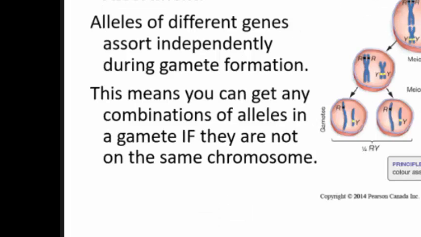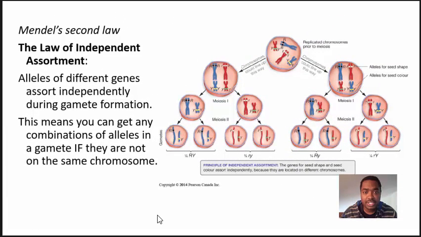Now, Mendel's second law of inheritance is what we call the law of independent assortment. If you're talking about 2 genes, and a lot of the problems that we're going to be doing in class are going to involve 2 or maybe more genes, these genes assort independently. There's a condition to this. They assort independently if they are on different chromosomes.